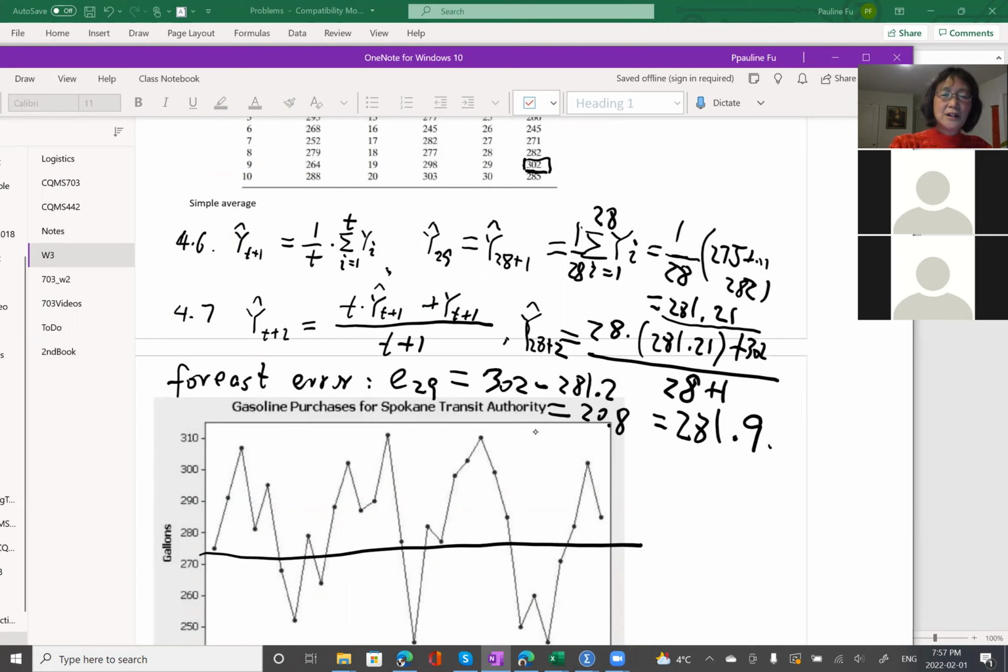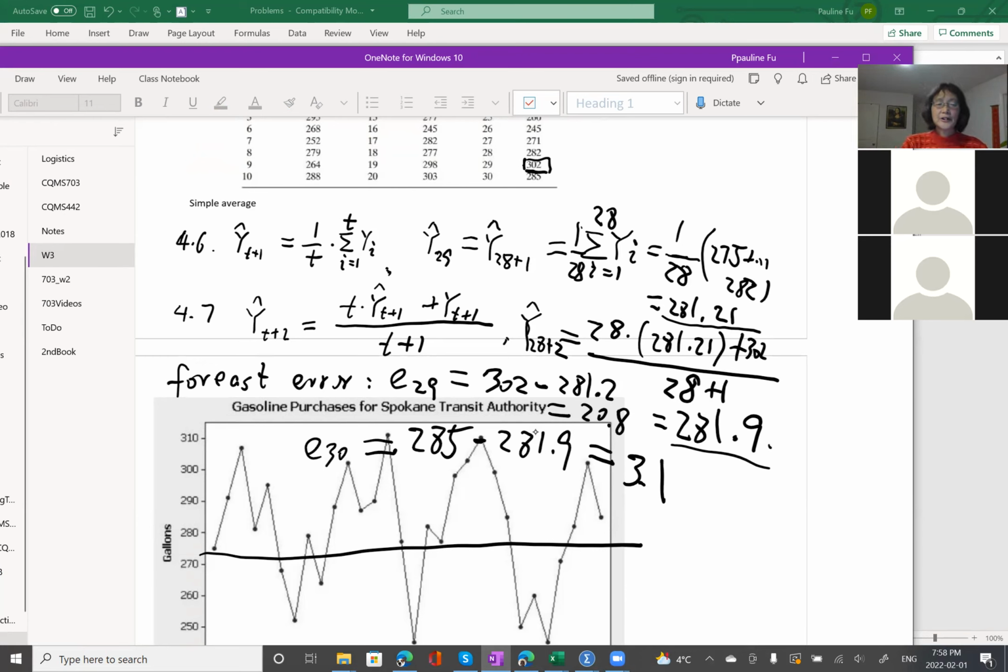Similarly, you can do the forecast error for week 30 using the actual data for week 30, which is 285, minus the forecast for week 30, 281.9. So the forecast error is 3.1.